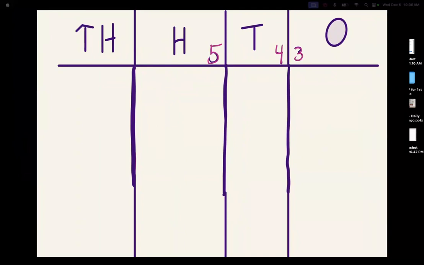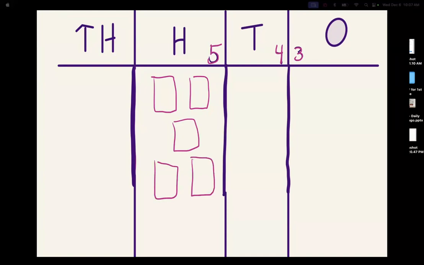Good job, Noah. So Noah says there's 5 hundreds blocks. Nicely done, Kinsley. Kinsley says there's also 5 hundreds blocks. Oh, Raghav says there's 5 hundreds blocks and that there's 4 ten sticks and 3 ones cubes.